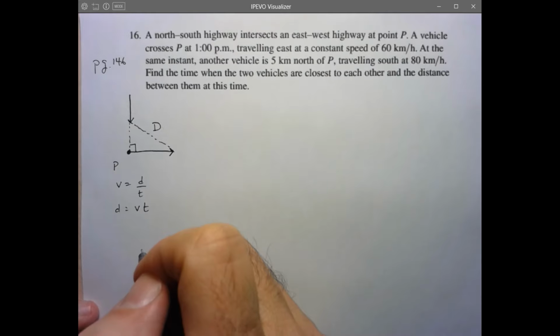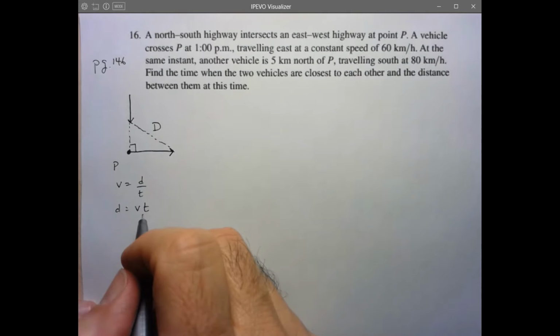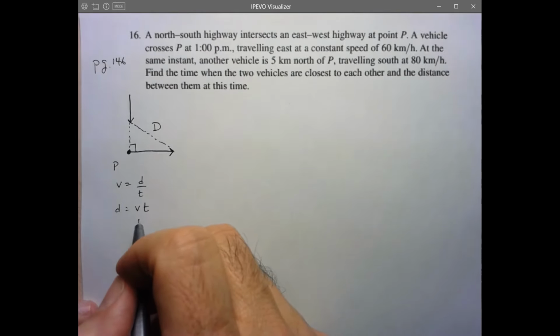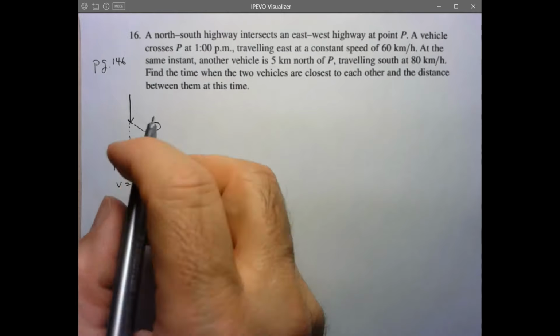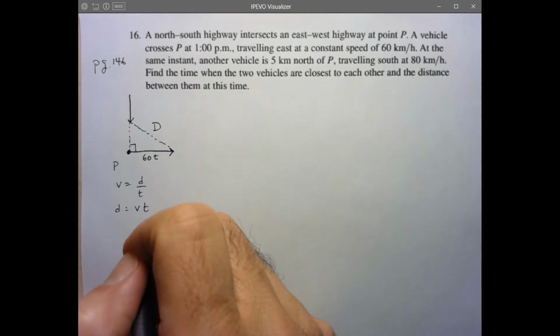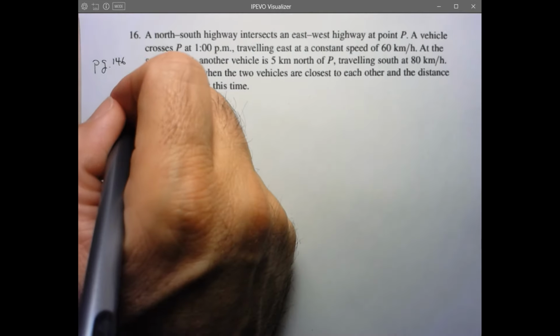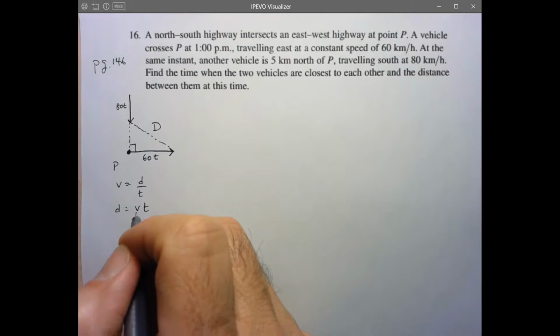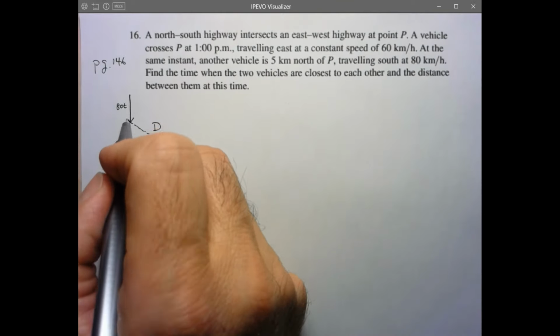Okay, now the thing is I don't know how much time has elapsed at the point where they're closest, so this is going to remain our variable, but we do know the speeds of each vehicle. So the speed of this one here is 60, so the distance travel is 60 times t. All right, now this car has traveled 80t, okay, but this is not the length that I'm looking for.